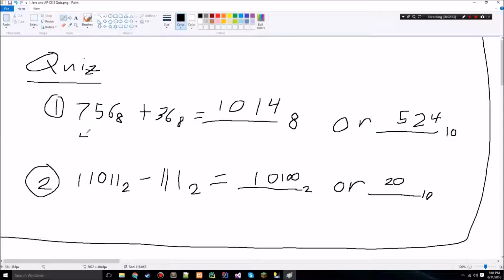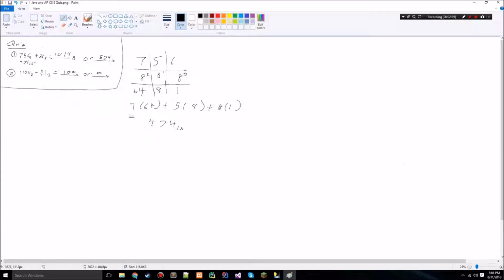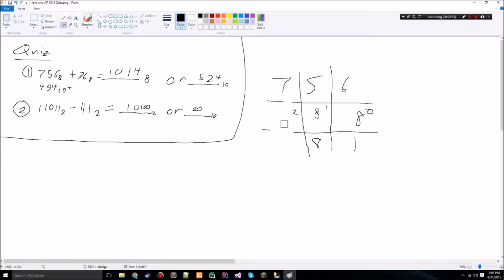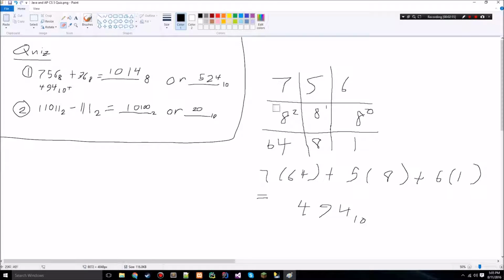Alright, and then let's go ahead and reuse that chart for the second number, 36. So this one should be a little bit easier to compute in our heads, since it's only 2 digits. So we can go ahead and wipe out this third column there.